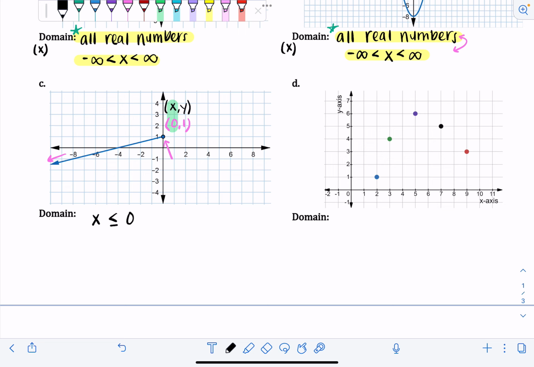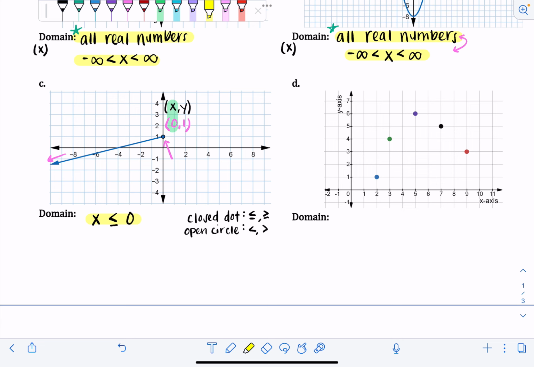I'm going to add a little note here: a closed dot is either less than or equal to or greater than or equal to, and then the open circle, you'll see that in future examples, is just a less than or a greater than, no line underneath it. So this domain would just be x is less than or equal to 0.